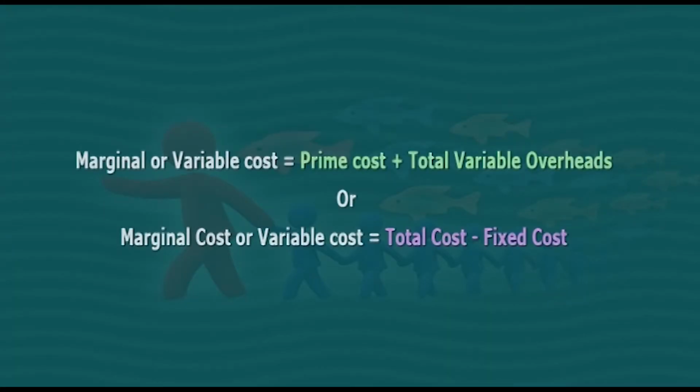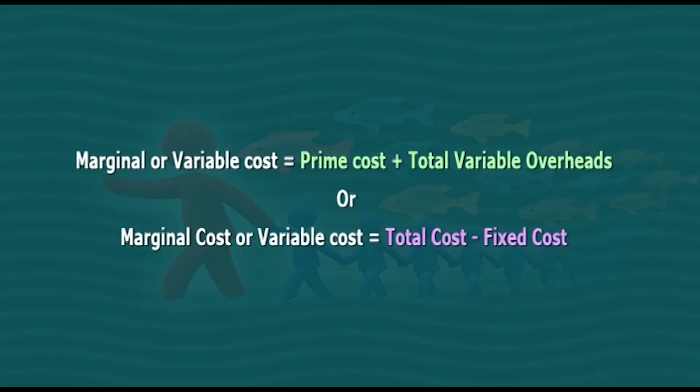Now, let us understand marginal costing. Marginal costing is a unique technique of costing in which only variable costs are accumulated and cost per unit is ascertained only on the basis of variable cost. For ascertaining the value of inventories, prime cost and variable overheads are taken into account.